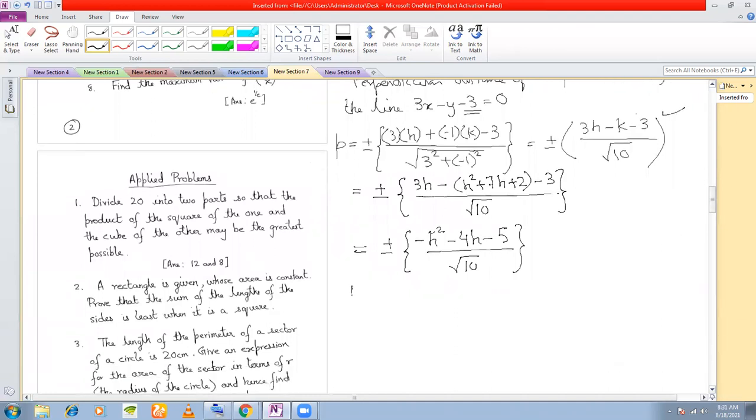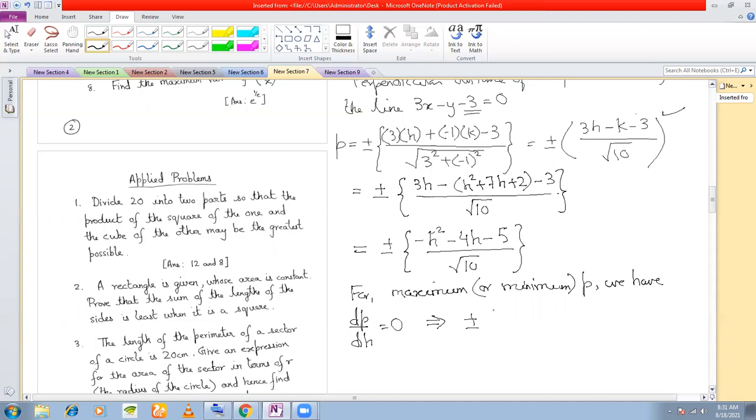Now for maximum or minimum P, what is the condition? That is for turning points. We must have dP, and what is the variable here? h, right? So dP/dh must be equal to 0, right? If I differentiate this, what am I going to get?